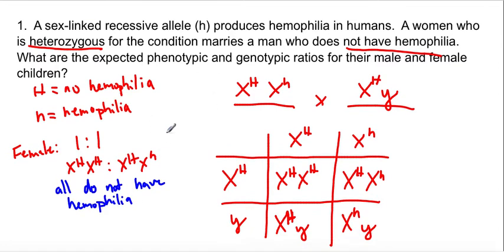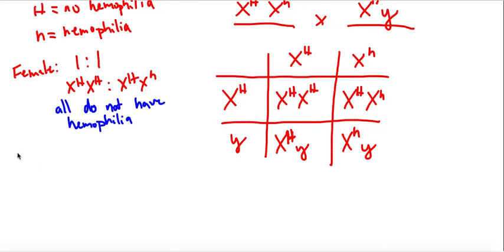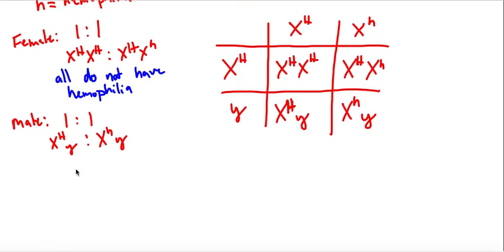So now let's take a look at the guys. So males. And so the genotypic ratio, again, is a 1 to 1 ratio of big H and Y, and then little h and Y. And so when we look at the phenotypic ratio, this individual has a big H, so that would not have hemophilia, but this one would.